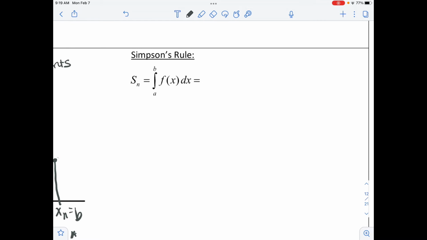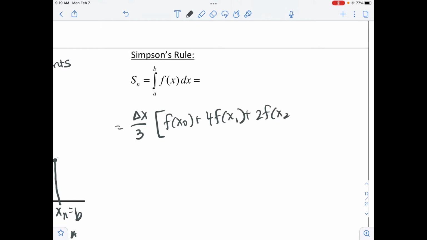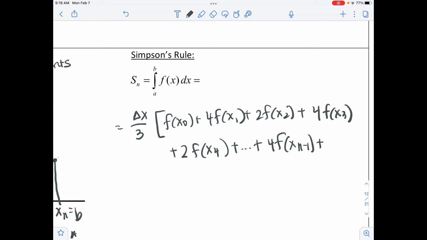And this is going to be delta x over 3 times f of x naught plus 4 times f of x sub 1 plus 2 times f of x2 plus 4 times f of x3 plus 2 times f of x sub 4 plus, and then that last term we'd have 4 times f of x sub n minus 1 plus f of x sub n.